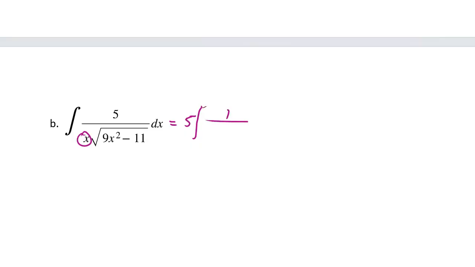So I've got 1 over x times the square root of (3x) squared minus 11. 11 doesn't have any easy root, so we're just going to write it as root 11 squared, just so it fits the pattern, dx. We're going to let u be 3x. Then du is 3 dx.